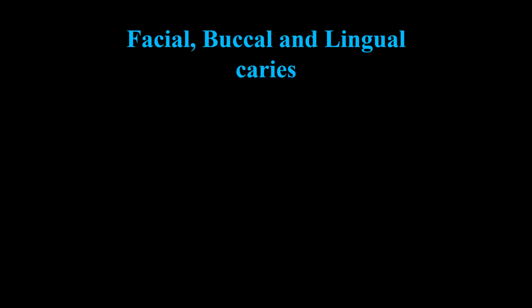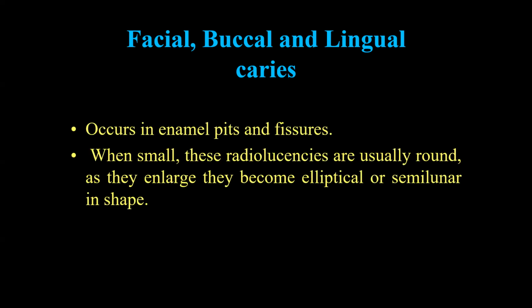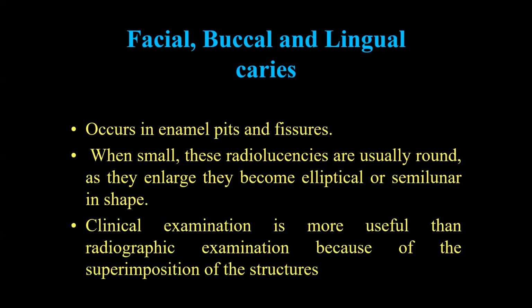Next is facial, buccal, and lingual caries. These caries usually occur in enamel pits and fissures, and when they are small, they appear as round radiolucencies, and as the lesions enlarge or extend into more area, they become elliptical or semilunar in shape.